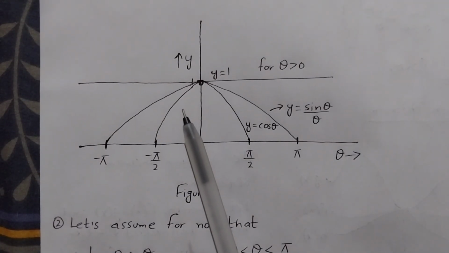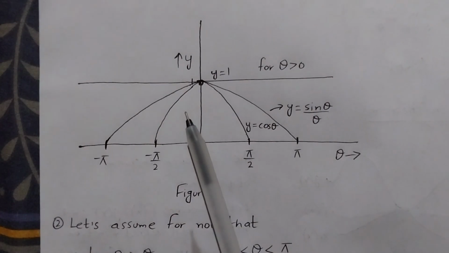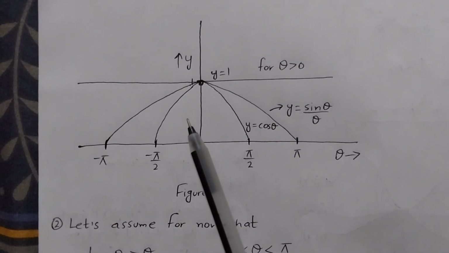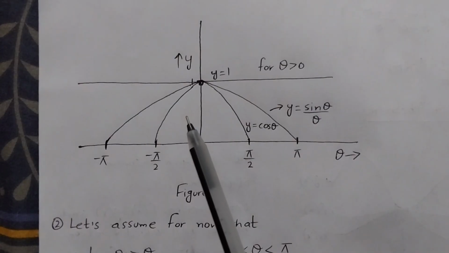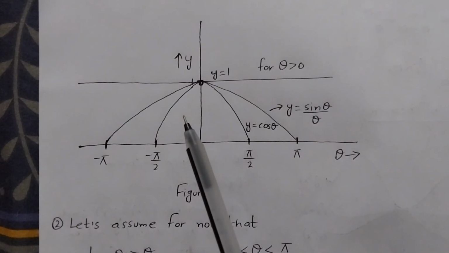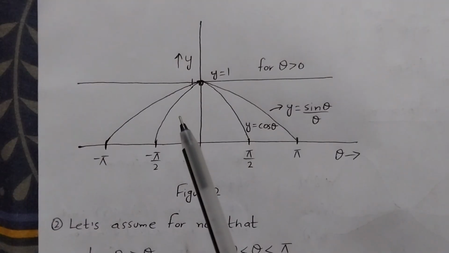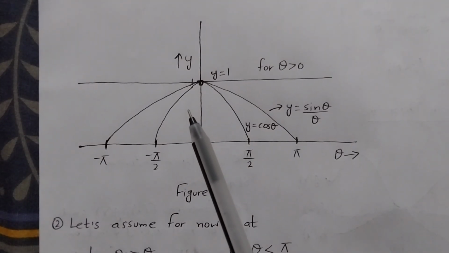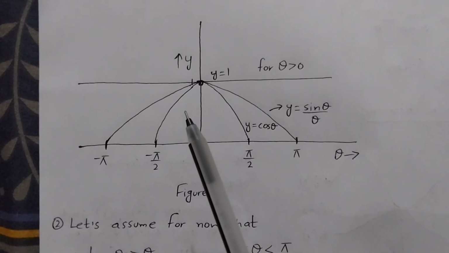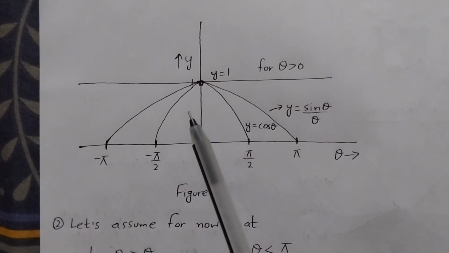we have a negative value for theta, and sine theta is an odd function. So when we take sine of a negative value, it becomes negative times sine of that value, and there is a negative sign which comes with sine theta in the numerator.